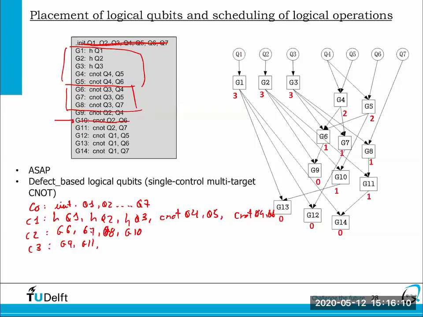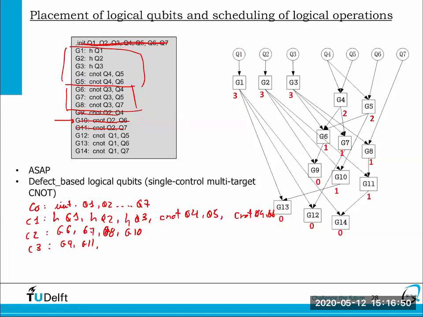So 9 to 4, 11 to 7, yeah. Which one did you say?